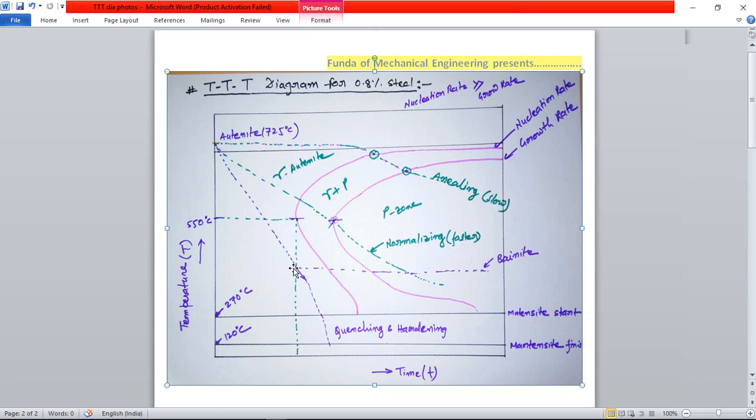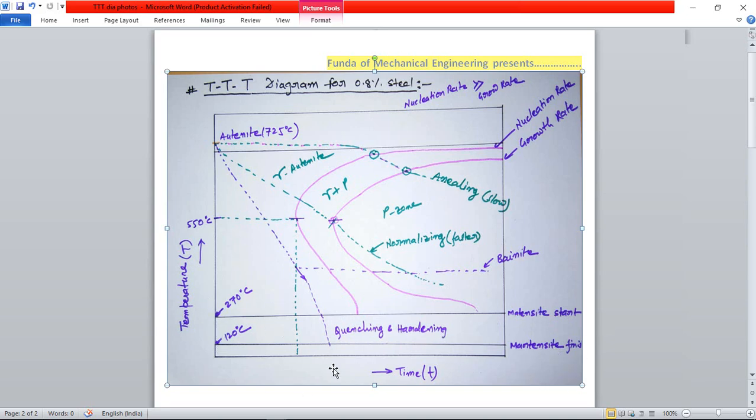If from this point the process is extended continuously down to about 270 degrees, then martensite, quenching and hardening starts. At 270 degrees centigrade martensite starts and at 120 degrees centigrade martensite finishes. This process is known as quenching and hardening. So this line represents austempering, this line normalizing, this line annealing, and this line quenching and hardening.